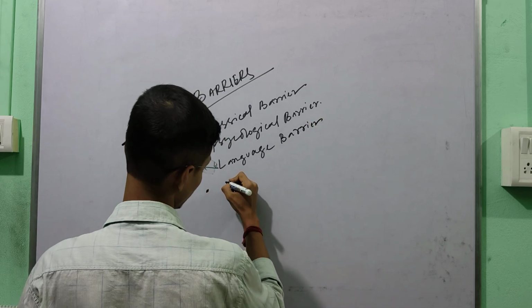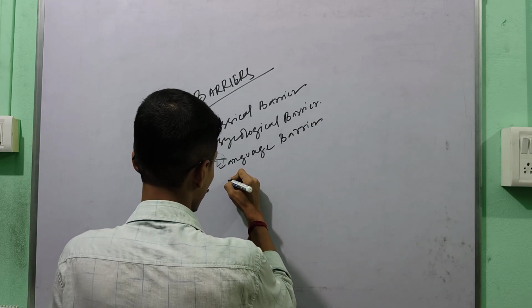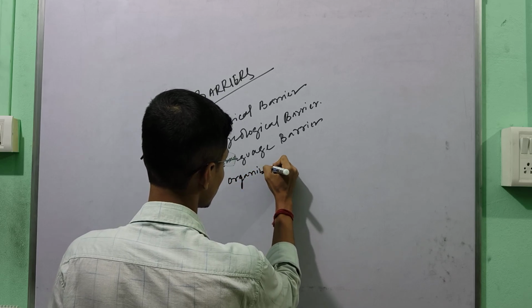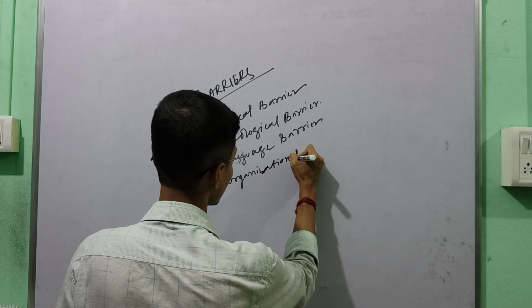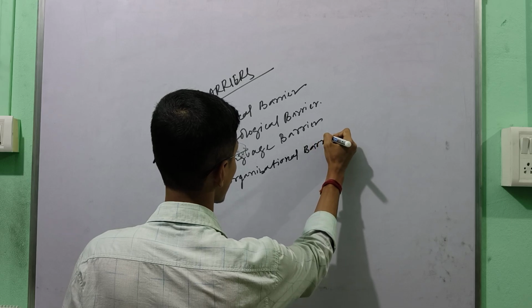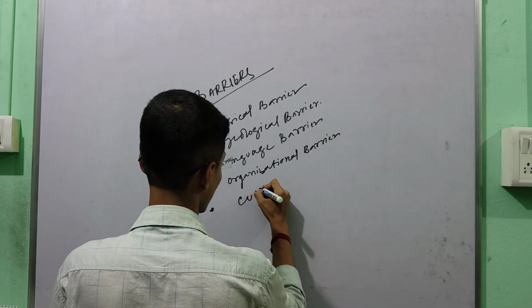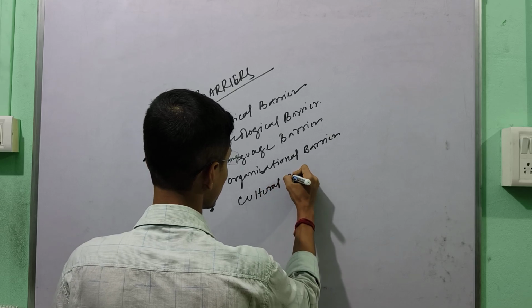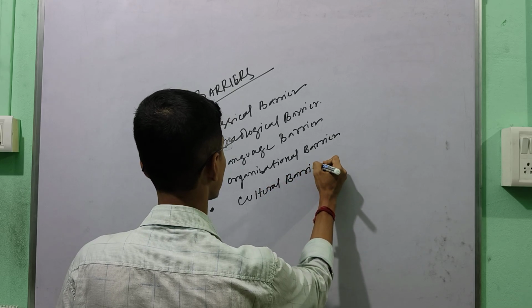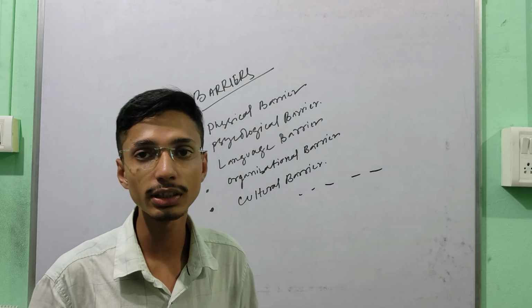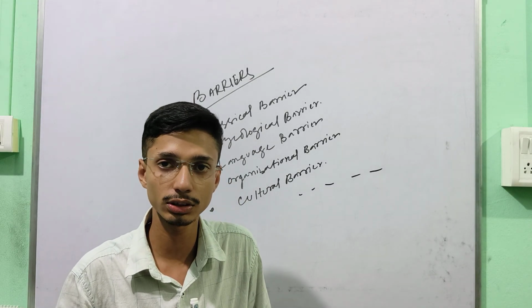Fourth one is organizational barrier. Fifth one is cultural barrier, and there are lots of barriers. So what are those barriers? Those barriers can disturb our communication process.